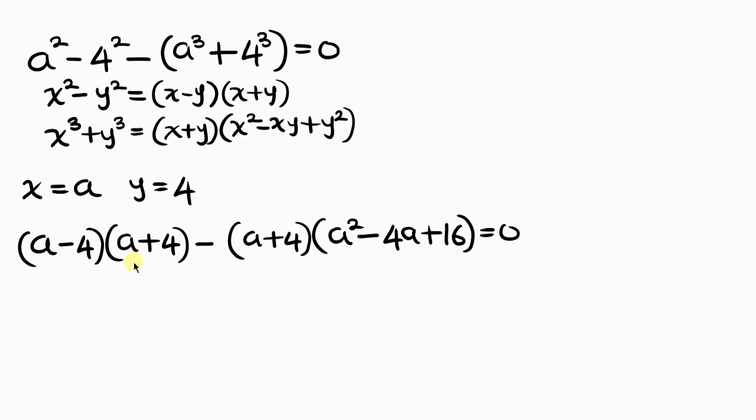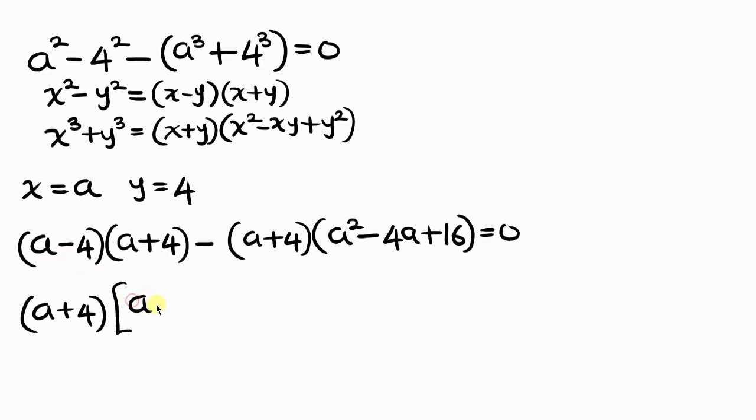Now notice that a plus 4 is actually common. So we can factor out a plus 4. So a plus 4 is actually factored out. So a minus 4 times a plus 4 divided by a plus 4, we're going to be having a minus 4.